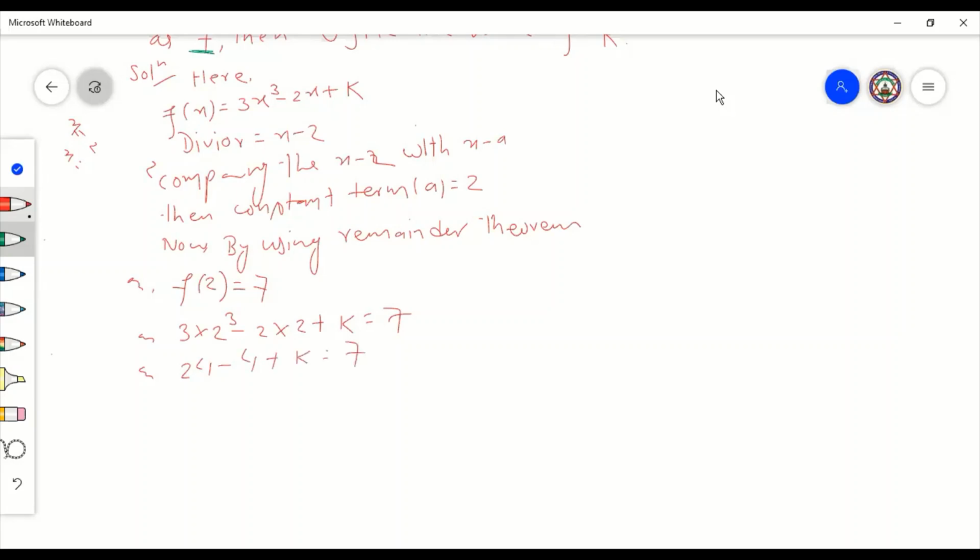Now after that, we can write this to be 20. Now k equals 7 minus 20. So we can write the value of k.